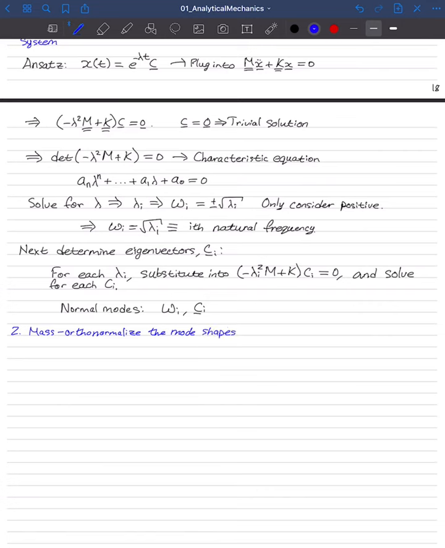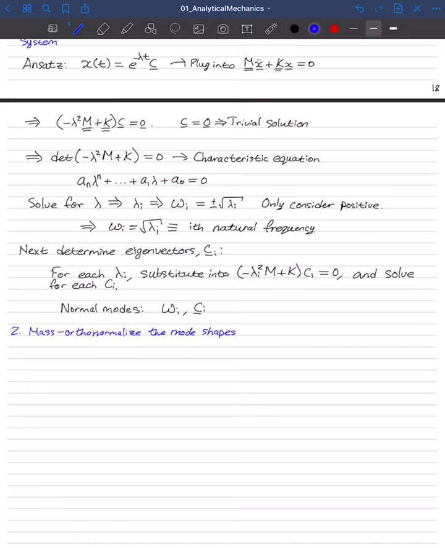And if you're not familiar with the orthogonality principles for normal modes, eigenvectors, eigenvalues, please let me know, and we can go through it during class time, or I can send a handout on it.